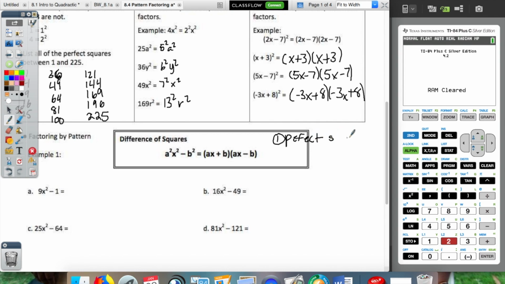That means the first term has to be a perfect square, and the last term has to be a perfect square. And difference, what do you think that is? That's subtraction, so it has to have a subtraction sign in the middle.